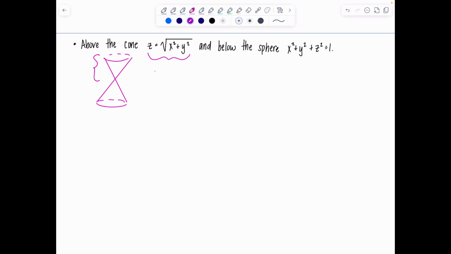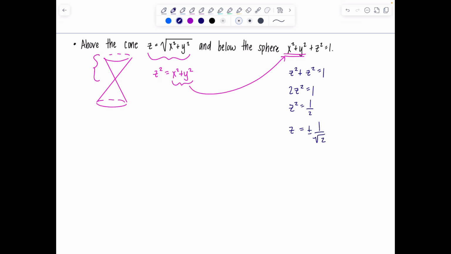Let me square both sides because then, oh, so cute. If z squared is x squared plus y squared, then I can replace this x squared plus y squared with another z squared. So I've got z squared plus z squared is 1, 2z squared is 1, z squared is 1/2. So z equals plus or minus 1 over rad 2.